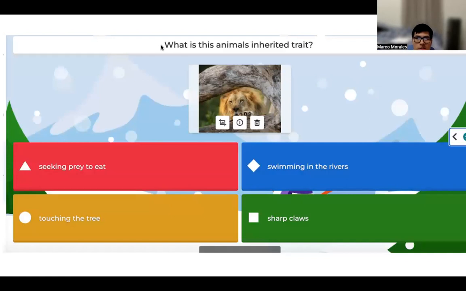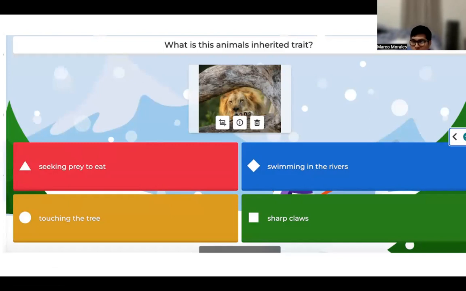Okay. This question is, what is the animal's inherited trait? I've noticed a lot of people picked the triangle. Can anyone tell me why the triangle isn't the correct answer? All right, Timmy, let's hear from you again. What do you think? Exactly, Timmy, exactly. What Timmy said is that seeking prey is a learned trait. It's not an inherited trait.